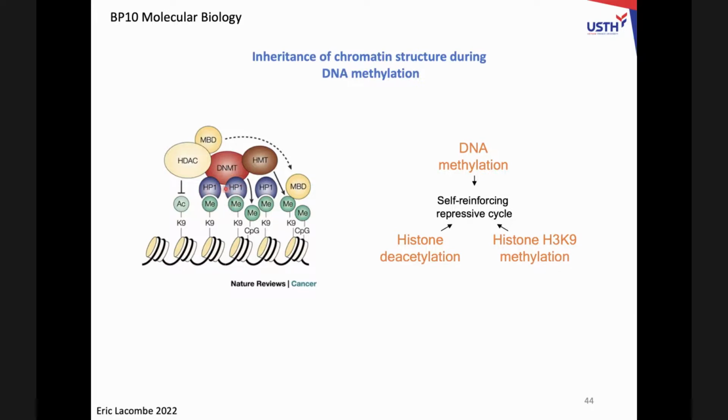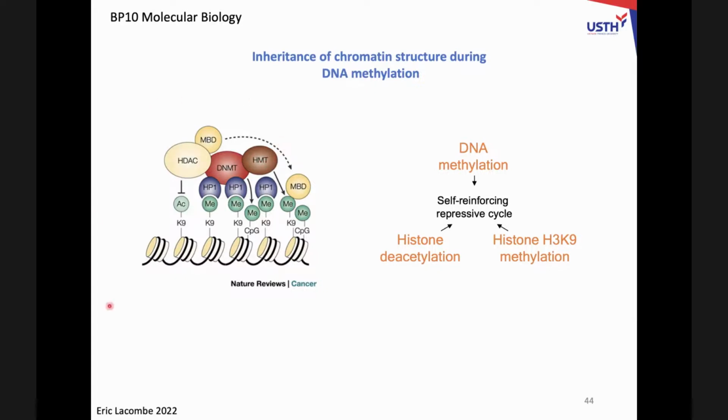We have HP1 interacting, but it also recruits histone deacetylase. And why does it recruit histone deacetylase? Because you need to remove an acetyl group on this lysine in order to put a new methyl. Here it's histone methyltransferase.